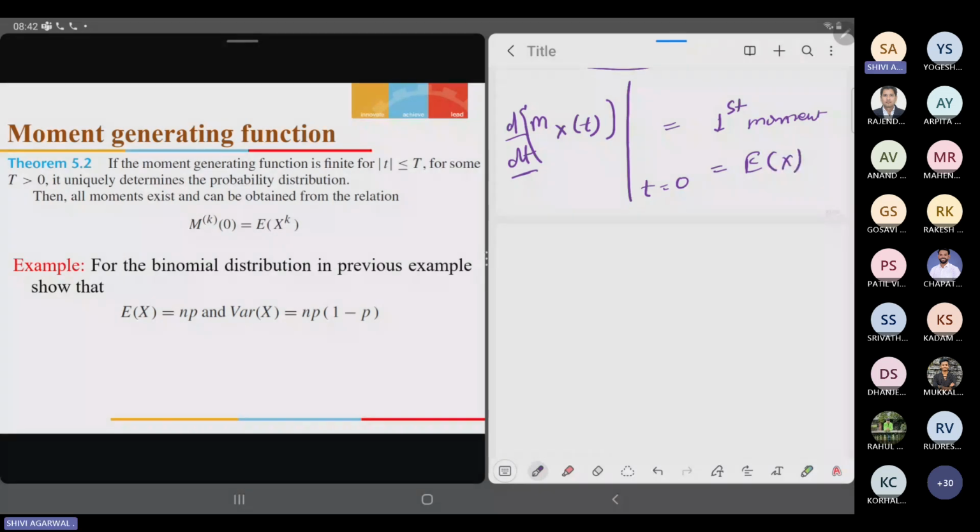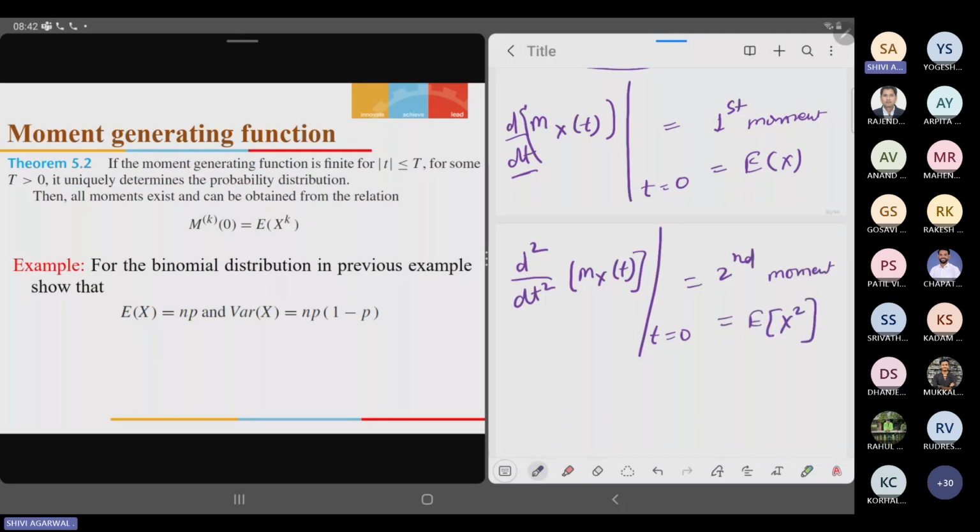Correct. When we differentiate M_X(t) twice and then put t equal to 0, this gives the second moment, and this second moment is the expected value of X square. Correct.